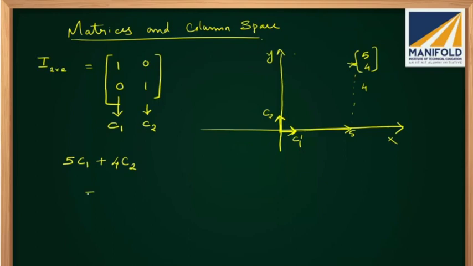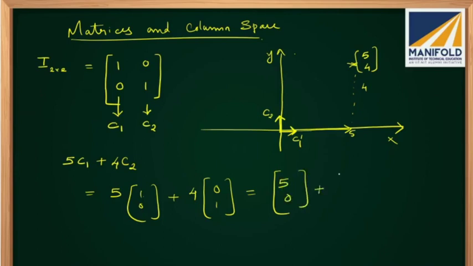So 5 times 1, 0 plus 4 times 0, 1 will land you at 5 into 1, 5 into 0, that is 5, 0, plus 4 into 0, 4 into 1, that is 0, 4. Now if you add up these two vectors, you will get the point 5, 4.